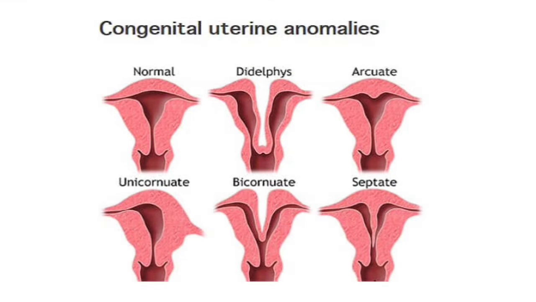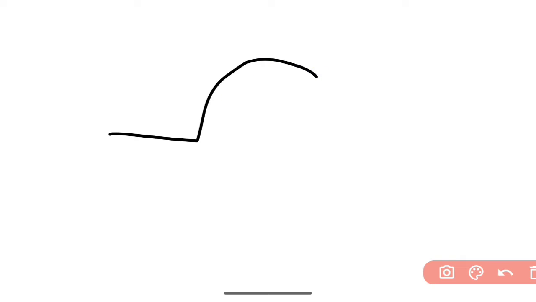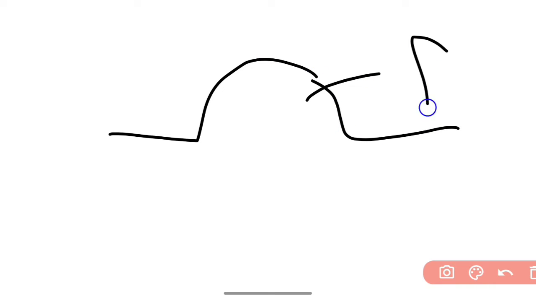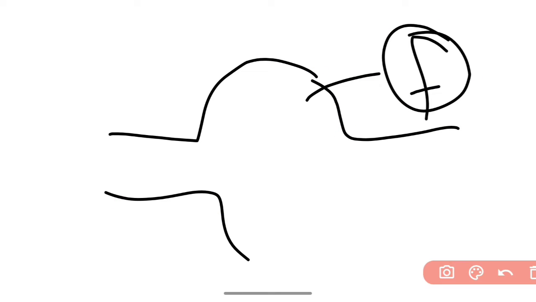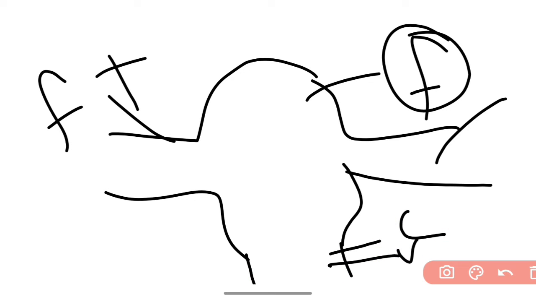First you should know the normal uterus. See, the normal uterus will be like this. This is the fundus, and these two are fallopian tubes, and below the uterus you can see the cervix and vagina.